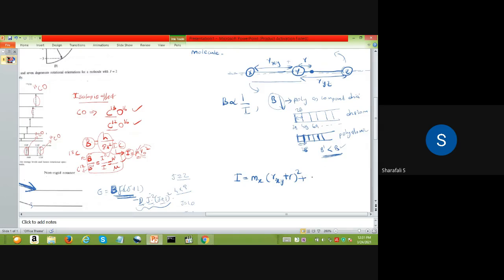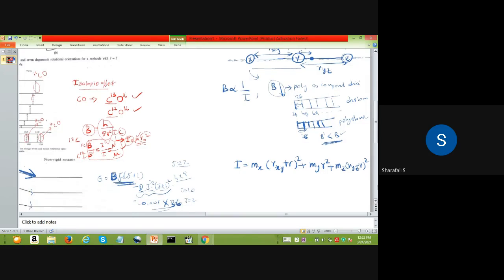Plus the second atom, my, and its distance from the center of gravity is r, so I multiply with r square, plus the third atom, mz, multiplied with (ryz minus r) square. So this is the moment of inertia associated with the triatomic molecule.